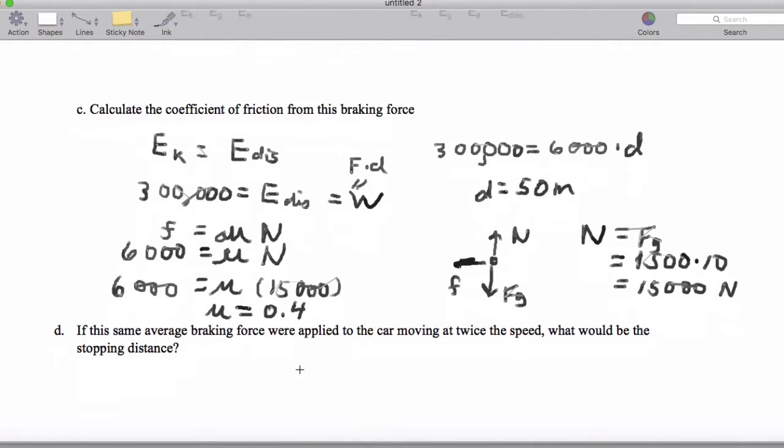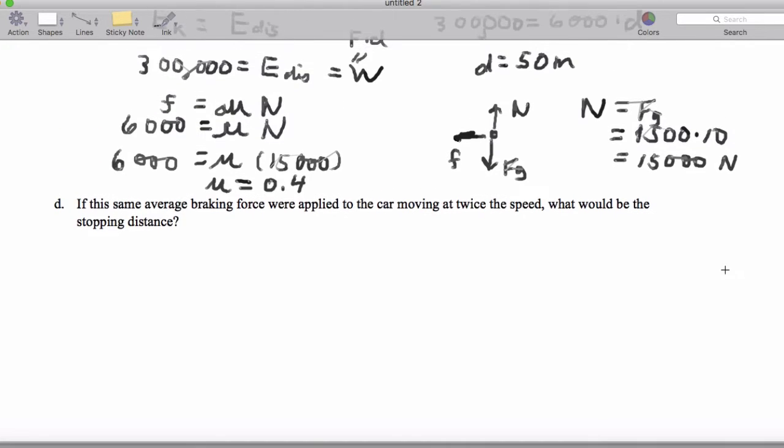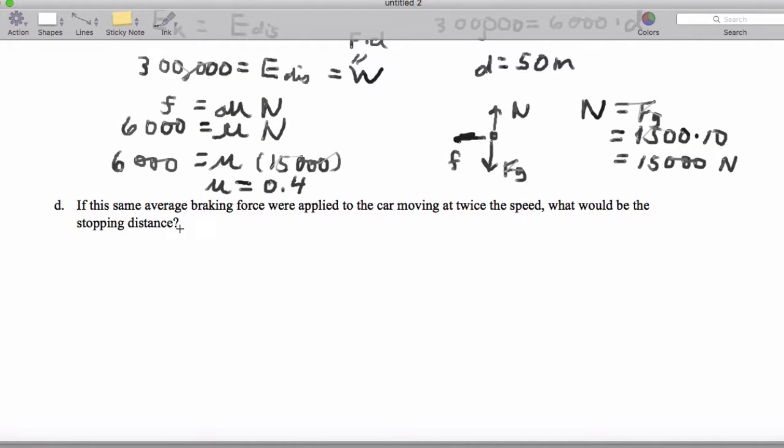All right. Now, if the same braking force were applied to a car moving twice the speed, what would the stopping distance be? Let's actually calculate that. So we're just going to say E kinetic energy equals E dissipated. And let's be clear here.